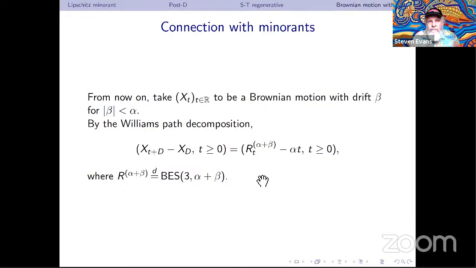And so by the Williams path decomposition, we know that the future of X after the first positive contact point with the Lipschitz minorant is nothing other than this. Of course, I probably should have a little d above here, as in, has the same distribution as, and where this process is a Bessel 3 with drift alpha plus beta.